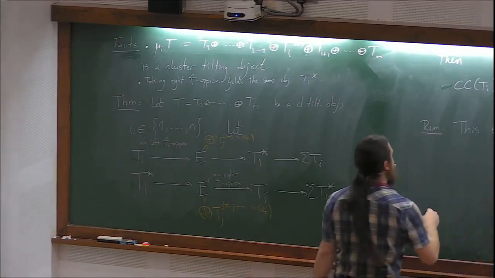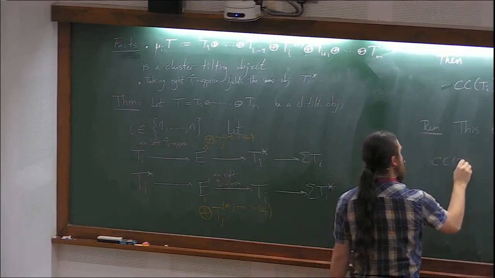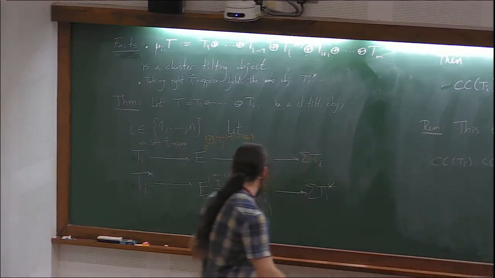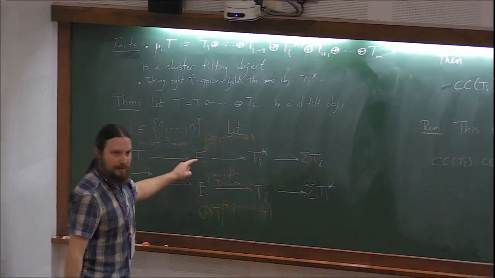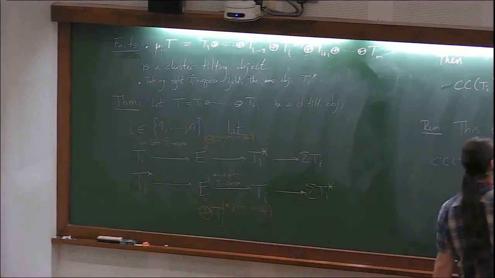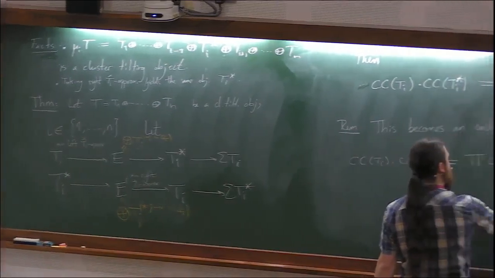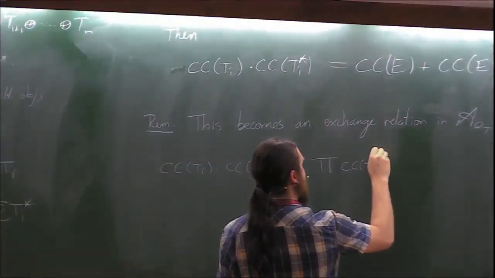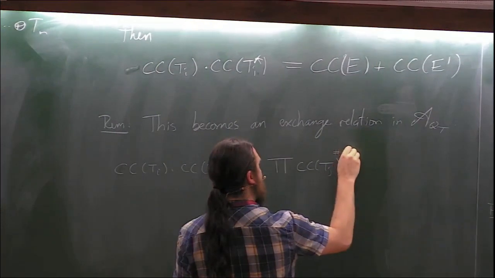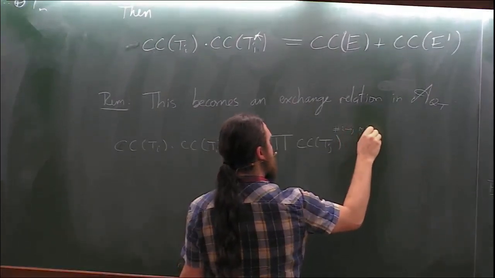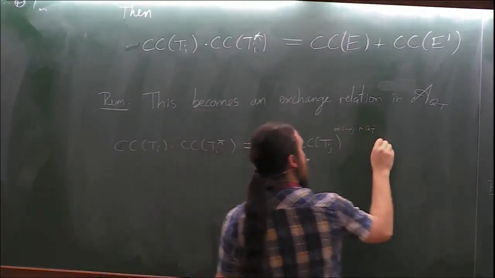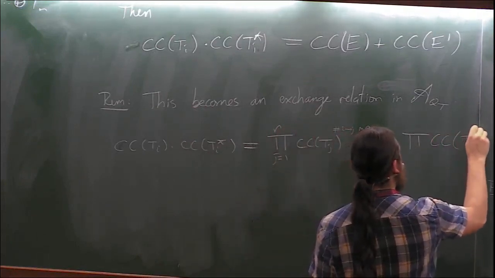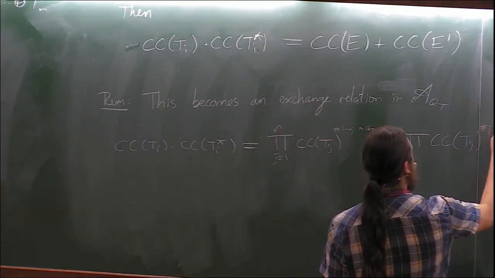So if you look at what happens, you see that cc of ti times cc of ti star becomes, if you apply everything we know here, the product of cc of tj to the power the number of arrows from I to j in Qt plus the product of all cc of tj's to the power the number of arrows from j to I in Qt.